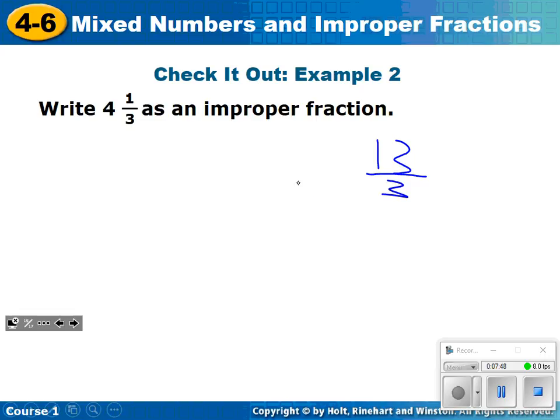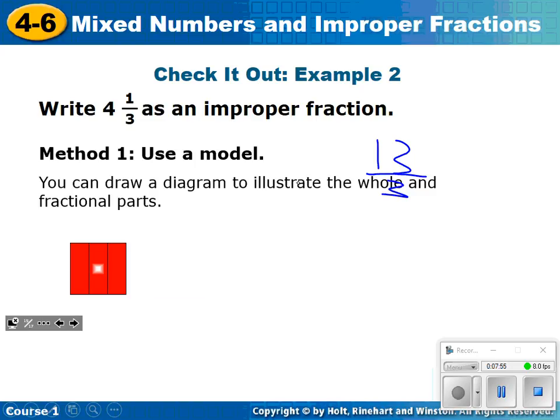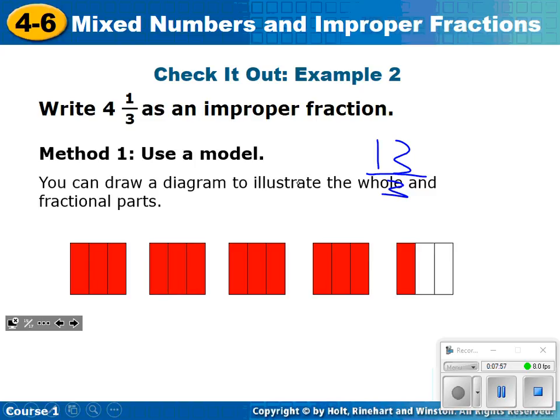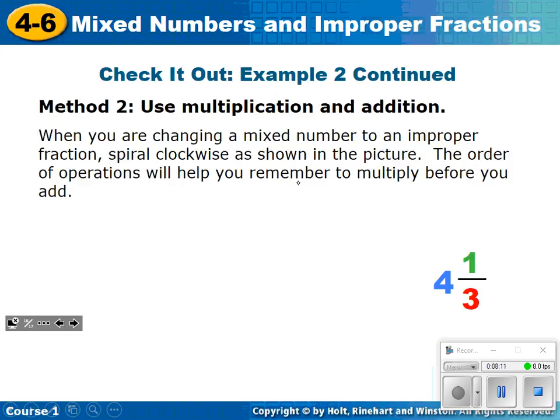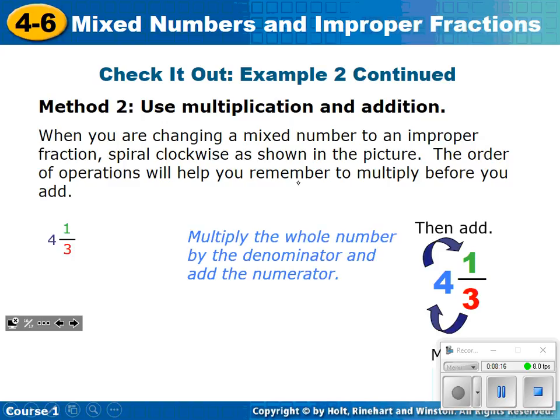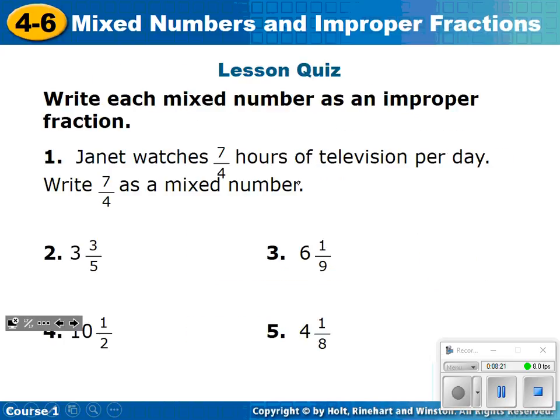But, I mean, if you really, really wanted to, we could draw out the little squares. Fill them out, then count them up. 1, 2, 3, 4, 5, 6, 7. Boring. No. Okay. I'd rather do it this way. Multiply, add. That's the math. Okay.